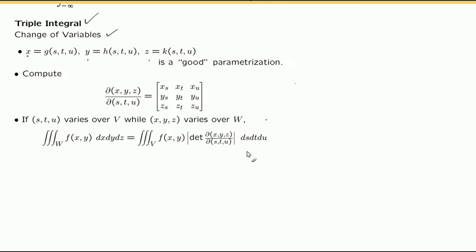In general, if you have that, we compute the Jacobian like this. Not Jacobian variety, just the Jacobian of x, y, z with respect to s, t, u. The matrix is written in a column way. It's x, y, z, all differentiated with respect to the same variable s. x, y, z, all differentiated with the second variable. x, y, z, and the third variable.